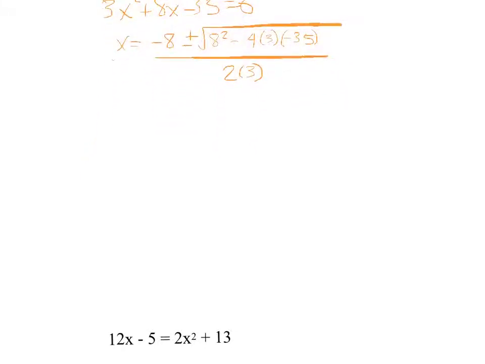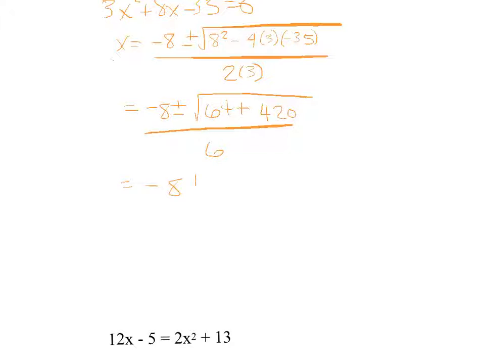All right, now it's just a matter of simplifying this. One of our first things to do is get that square root, so it's just one number. So I've got 64 plus, hold on, I gotta go get my calculator. Okay, 4 times 3 times 35 is 420, all over 6.